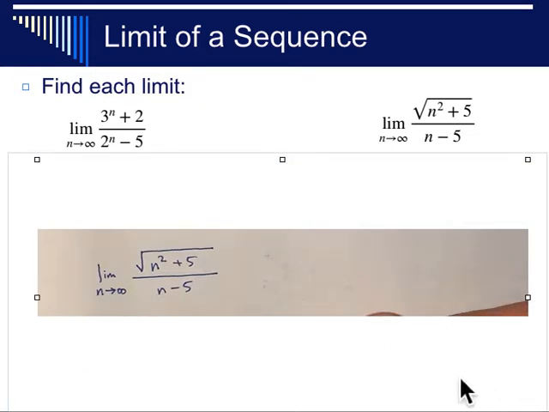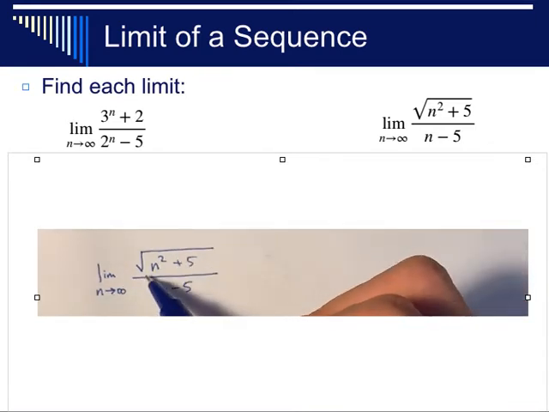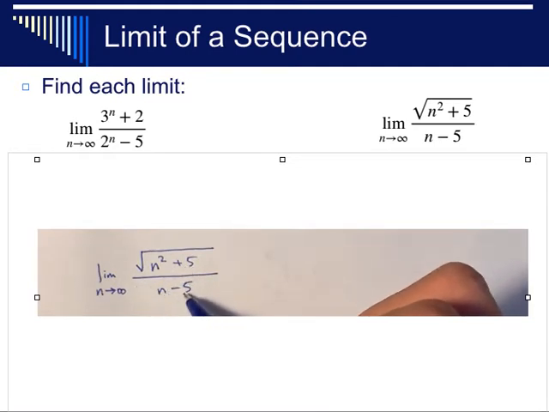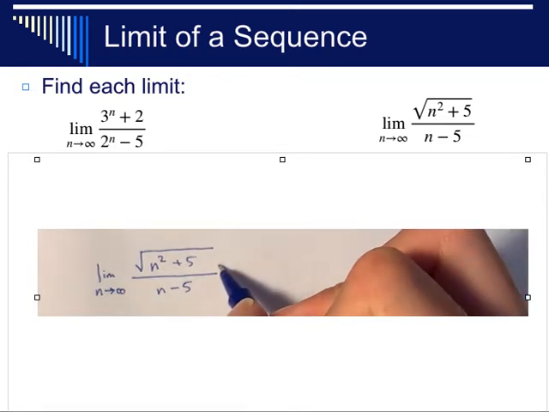All right. In our last problem here, we've got the limit as n approaches infinity of the square root of n squared plus 5 over n minus 5. So in this particular problem, I am going to choose to multiply the top and bottom by the square root of 1 over n squared.